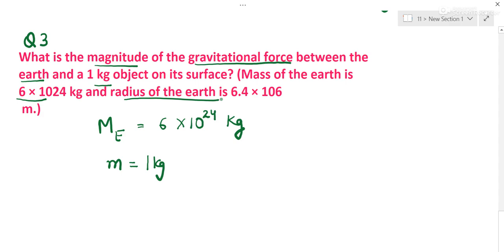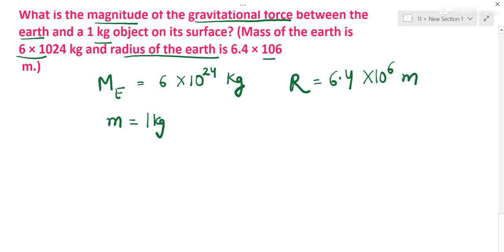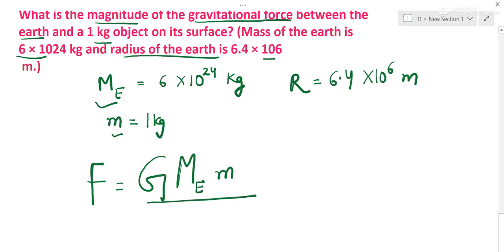And radius of Earth is also given, 6.4 into 10 to the power 6 meters. So it is simple. Gravitational force is asked, whose formula is G, mass of Earth, mass of object, upon distance square.